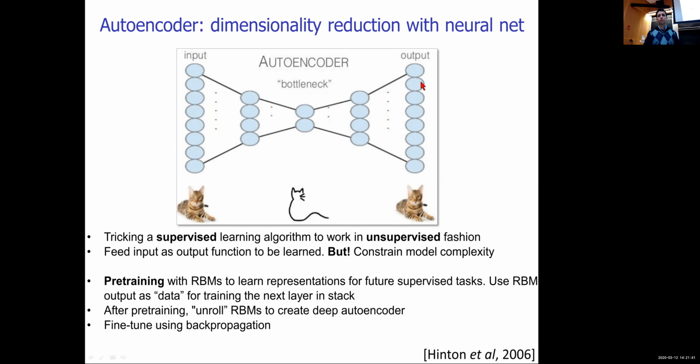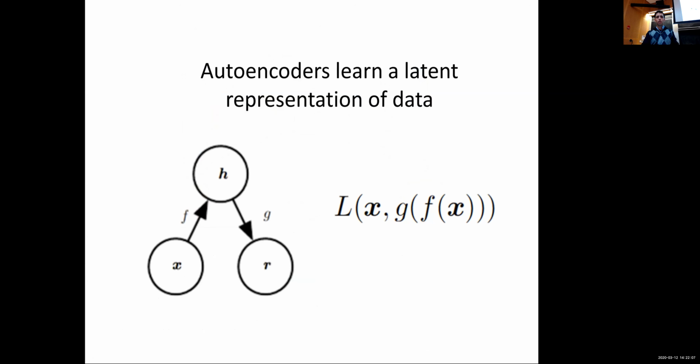Because you're trying to predict the super high dimensional data from these lower representations. So the really cool idea is basically allowing you to do dimensionality reduction in non-linear lower dimensional embeddings using just a trick on infrastructure methodologies that we've already seen.